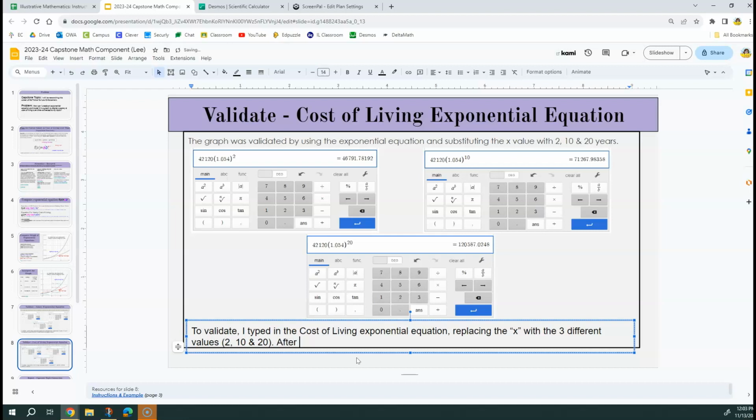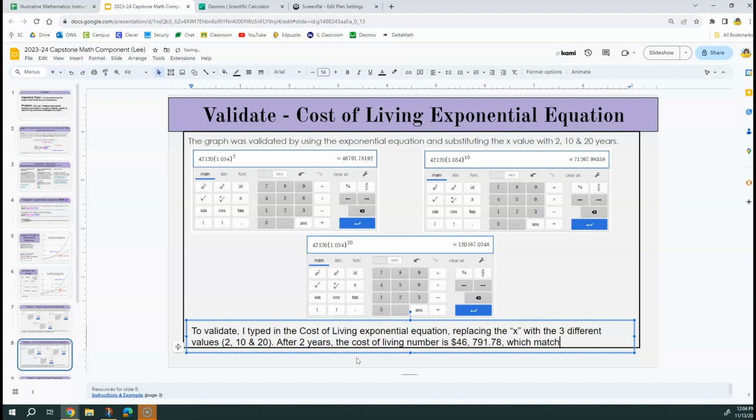And I'm just going to use the 2 years. $46,791 and 78.